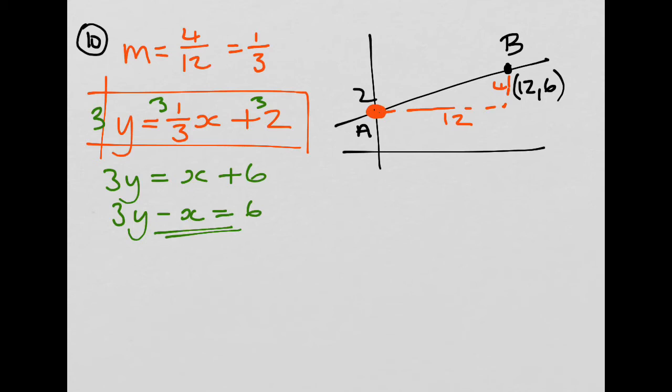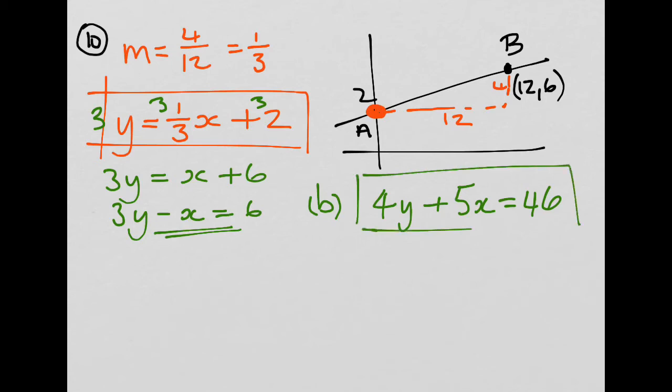The line in part B that you should be using is 4y plus 5x equals 46. So if you want to stop the video now and then do simultaneous equations on this new line, 4y plus 5x equals 46, and your 3y minus x equals 6, then that'll give you the point of intersection.